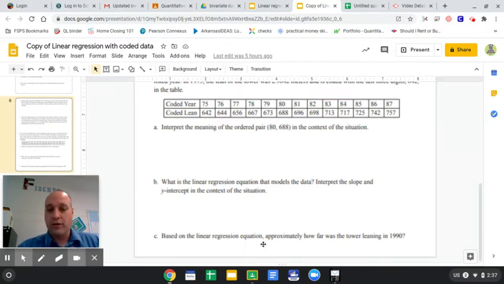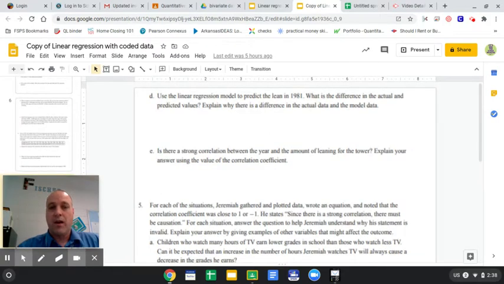Now, based on the linear regression equation, how far will the tower lean in 1990? You take your equation that you had, the y equals mx plus b, and in place of x, you put 90. And just plug it in the calculator, and it spits out the answer. On part D, use the linear regression model to predict the lean in 1981. So again, you put 81 in your equation, so you put y equals mx plus b, and x is 81.